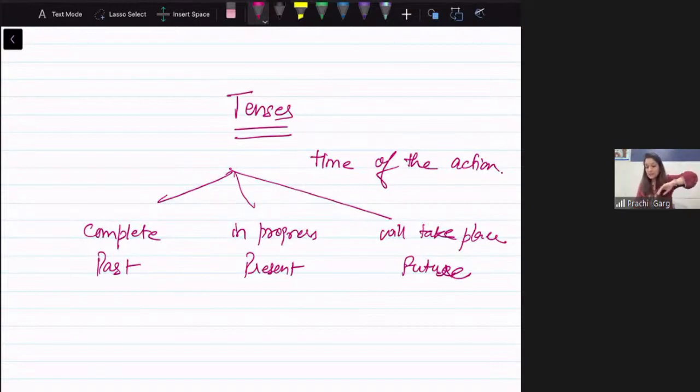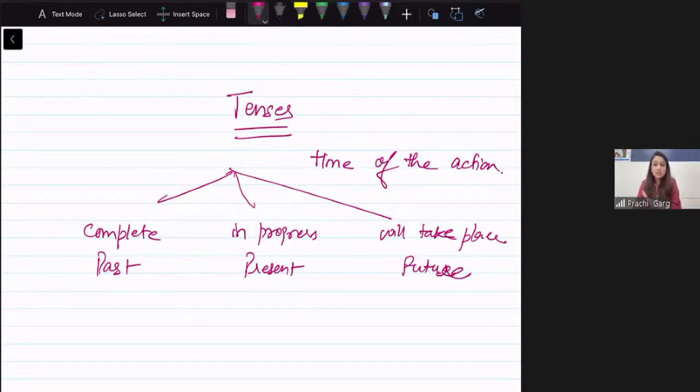Now, present is used to describe things that are happening right now, and things that are continuous, like I just said, in progress. So present tells you about things that are happening right now, and it's in progress while I'm speaking also. So this is present, like I am teaching. I taught direct and indirect object in my last class, so that is past tense.